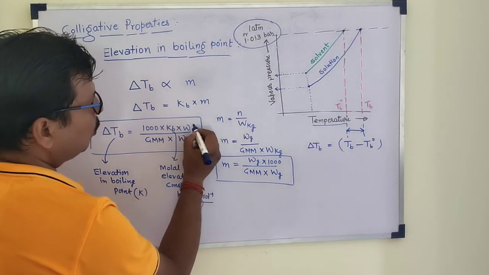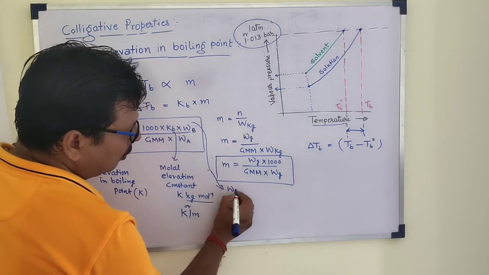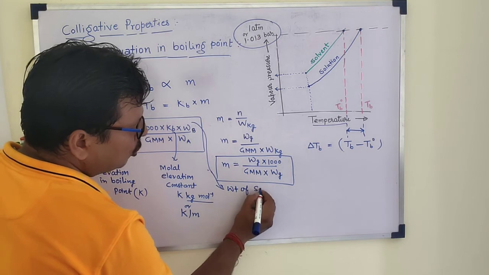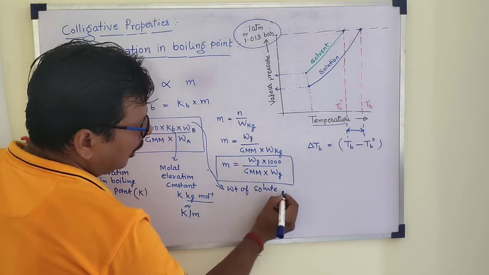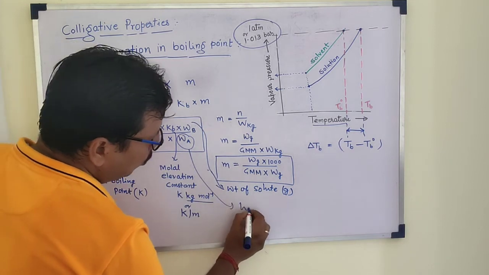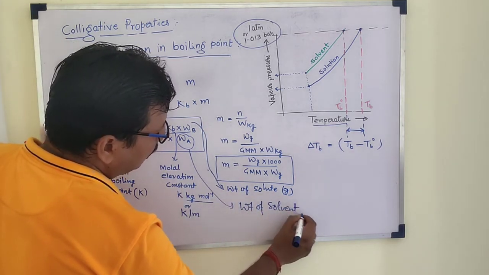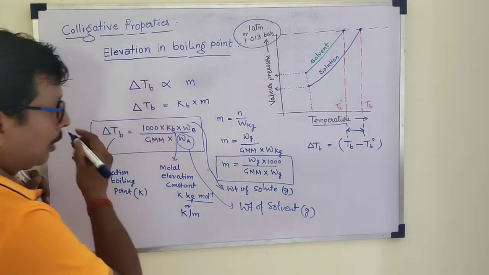This is the weight of solute in gram, and this Wa is the weight of solvent in gram.